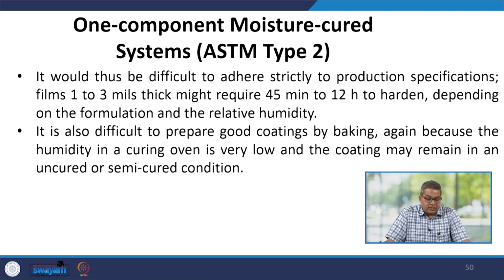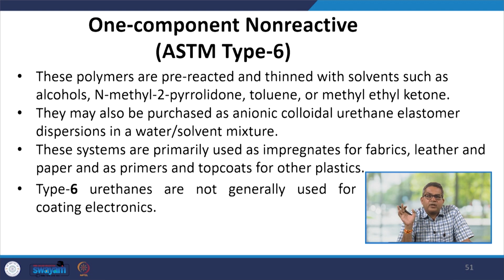Apart from this, it would be difficult to adhere strictly to production specifications. A film 1 to say 3 mils thick might require 45 minutes to 12 hours to harden, depending on the formulation and relative humidity. It is also difficult to prepare a good coating by baking, because the humidity in the curing oven is very low due to the high temperature, and the coating may remain in an uncured or semi-cured condition.